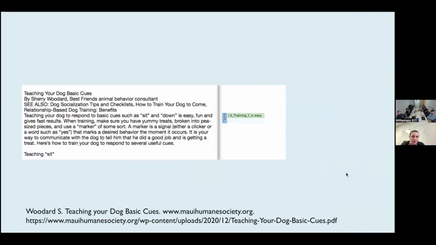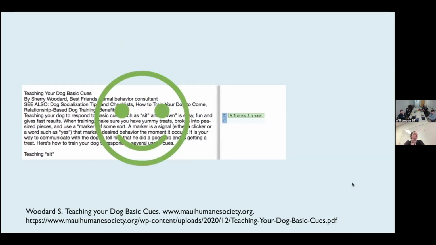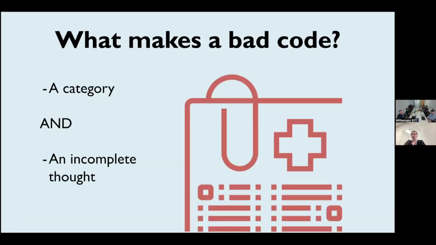So here we say training is easy. Teaching your dog to respond to basic cues is easy, fun, and gives fast results. It's a good code. Training is easy. You can put a period at the end of the sentence. We've got some nomenclature in there to keep our codes organized, but the crux of it is a simple, complete thought. What makes a bad code? A category or an incomplete thought.